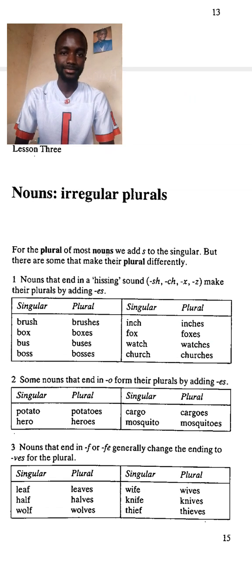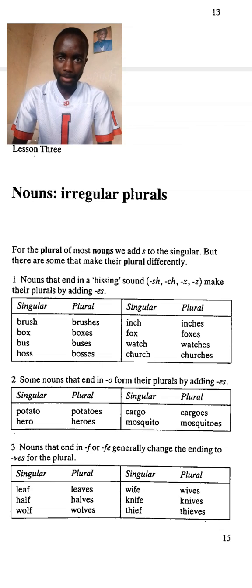Because as you can see, in lesson 3, we are going to learn about irregular plurals. Irregular. So what do we mean by that? Then it means there are regular plurals? Yes, it is just what we learned the last time.